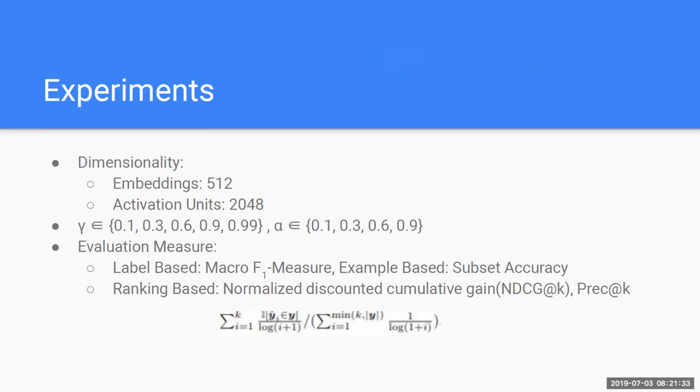The other is how good your generated sequences are, where you use either precision or discounted cumulative gain, which weighs the ranking so that the first label predicted has a higher weight, the second one a lower one, and so on and so forth. So those are the two evaluation metrics they use to solve both of these problems.